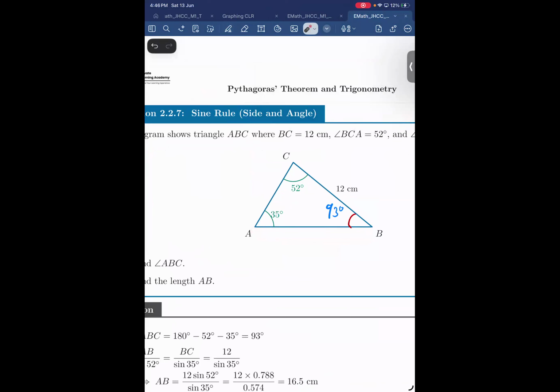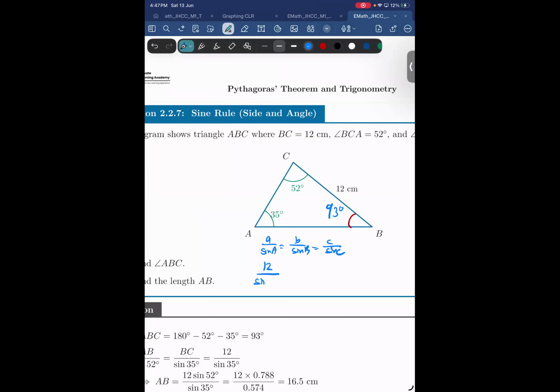So we can use sine rule here. What you must have is a side. So the side we know is 12. And we must know the angle opposite the side. It's 35. So it says a over sine capital A equals b over sine capital B equals c over sine capital C. So let's consider this as my a and then this is my sine of capital A. So 12 over sine 35 degrees equals, what do we want to find?